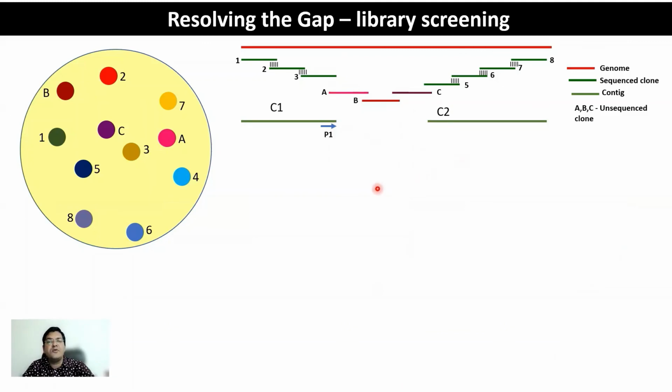So what you do here is you basically go sequentially. You first use a probe against the 3' end of fragment 3, which will then be used to identify the colony A here, right?